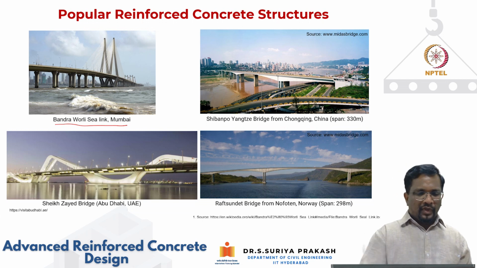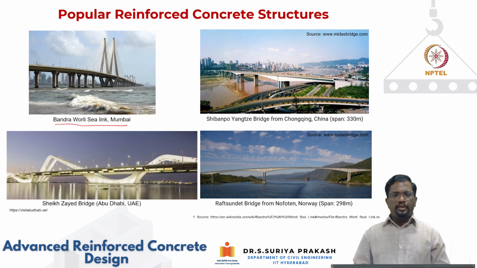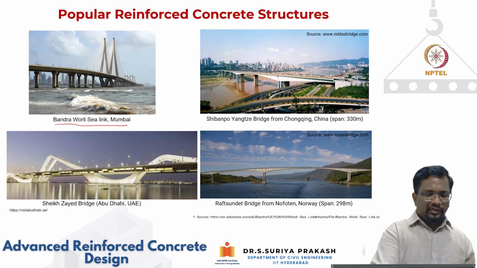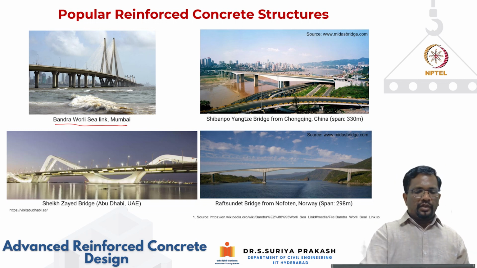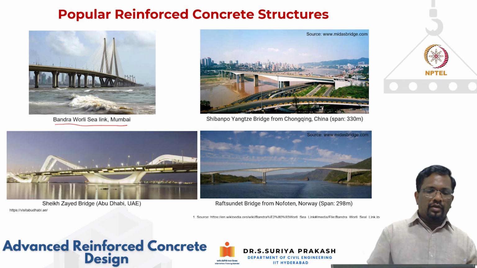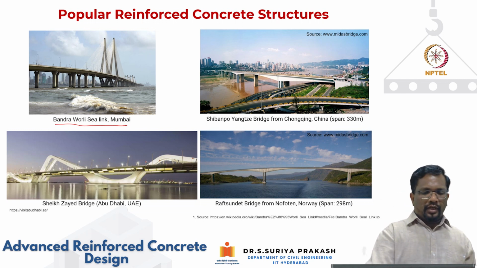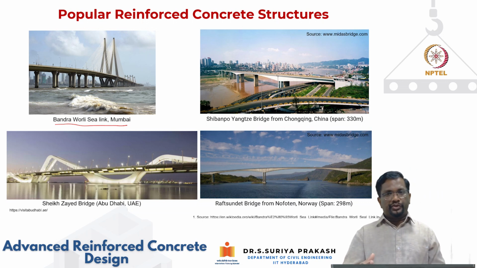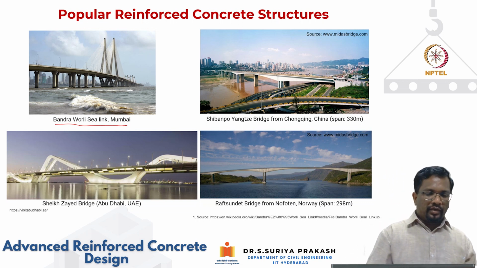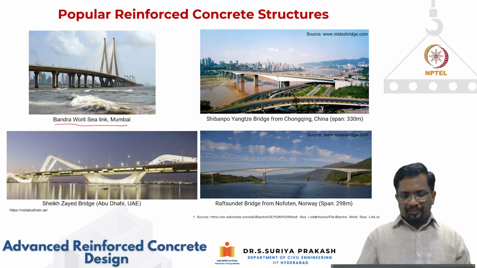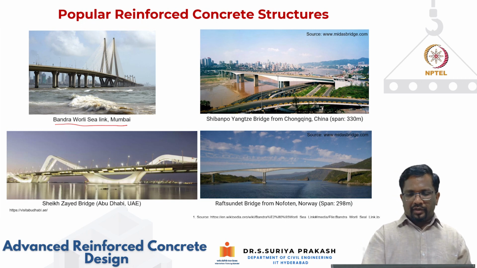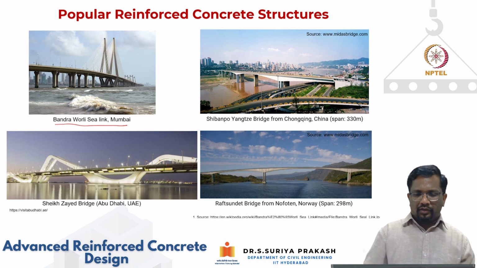Another one is from Abu Dhabi in the UAE, the Sheikh Zayed Bridge, and again you will see a nice segmental concrete girder construction. The design resembles the sand dunes that are prevalent in the UAE region. You can look at the 298-meter long span.